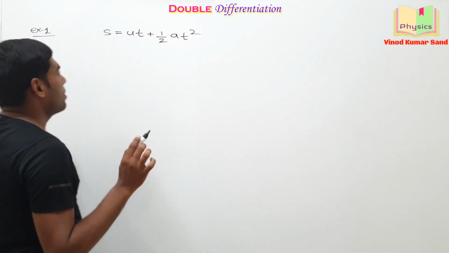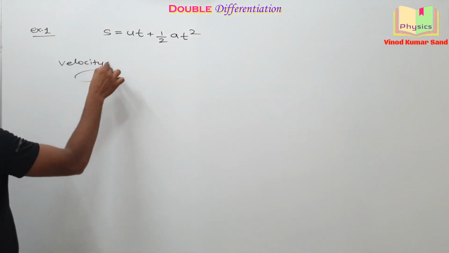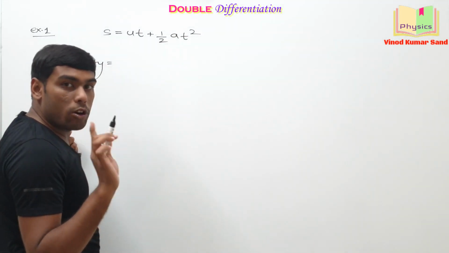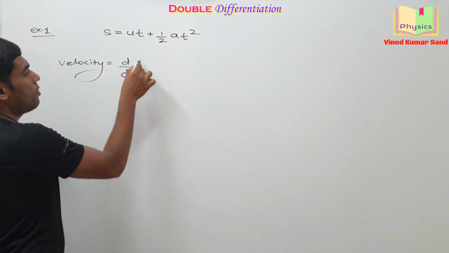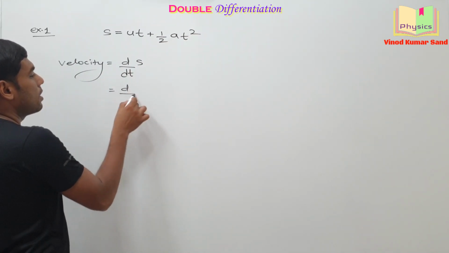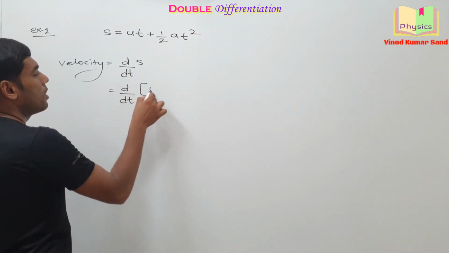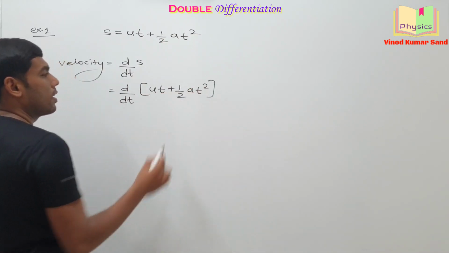Now, if someone asks you to obtain the velocity, then velocity is the rate of change of displacement. So d by dt of s will give you the velocity. It means d by dt of ut plus half at square.